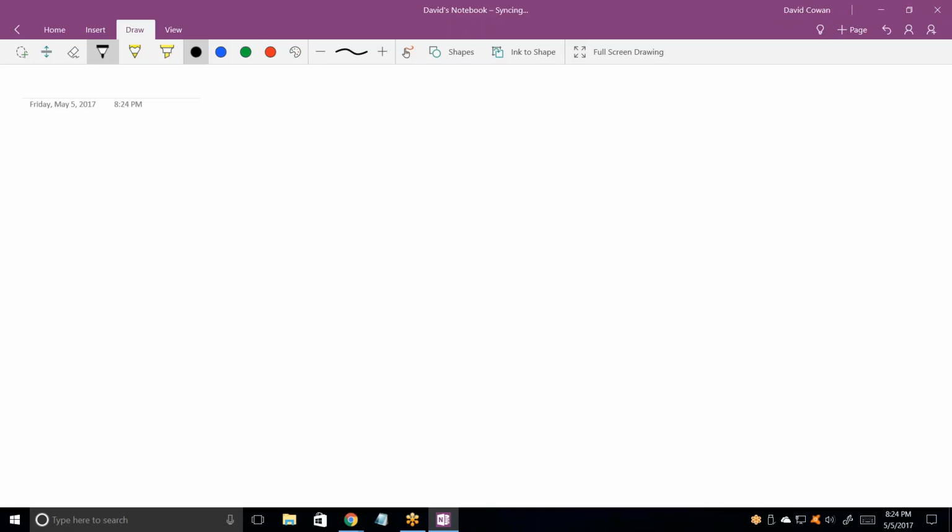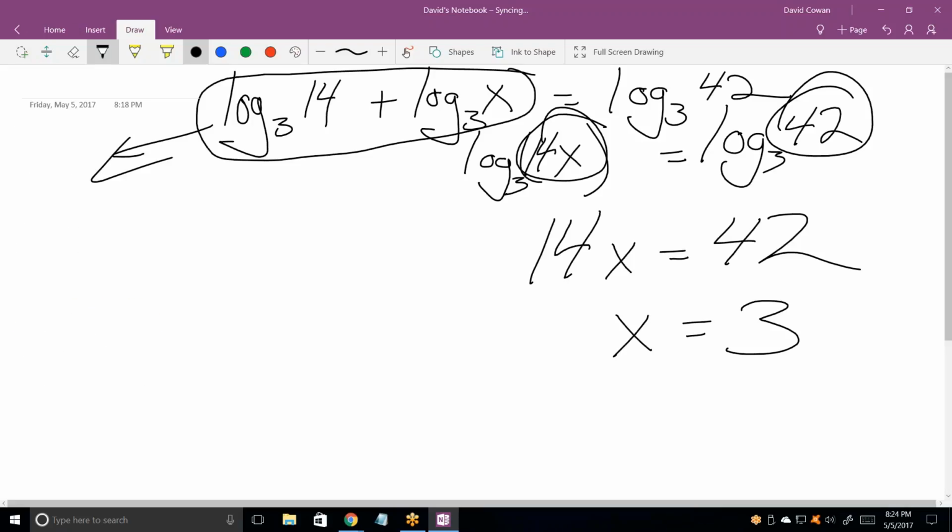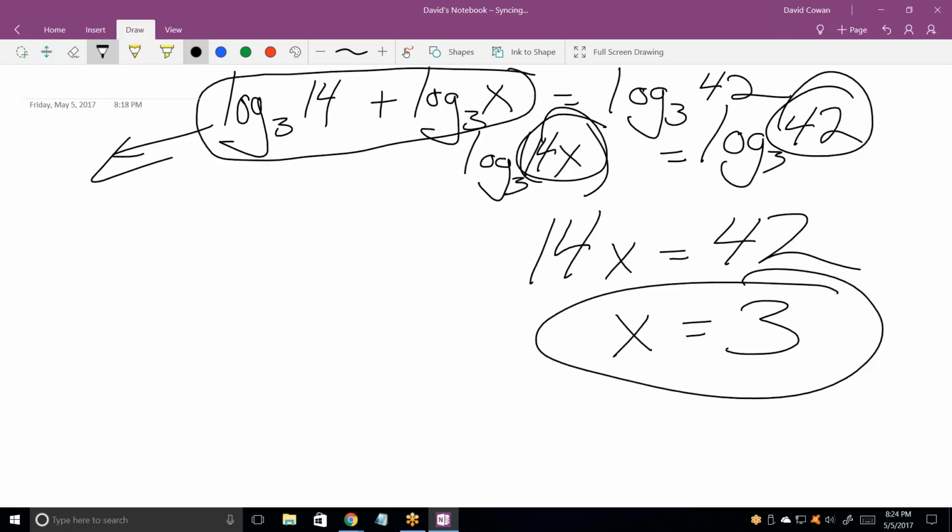And then, oh, it asked me to check my solution. Well, I did. I didn't talk about it, but I did actually check your solution. And by checking it, I plugged 3 in for x. And the only thing you really have to check for is to make sure that you do not violate the domain.